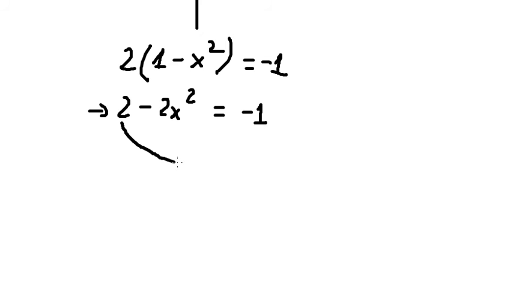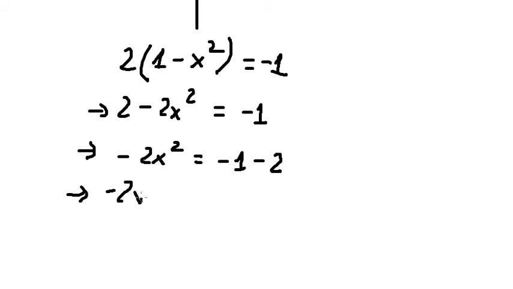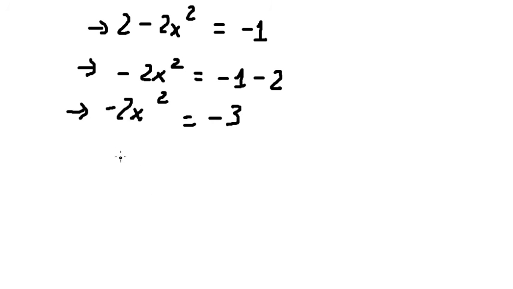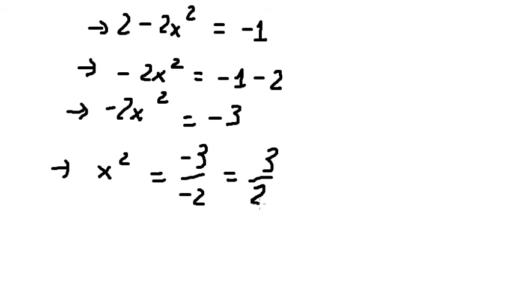Next, I will put the number 2 over here. So we have negative 1 equals negative 2. So this one we have negative 3. And later we divide both sides by negative 2. So we have 3 over 2.